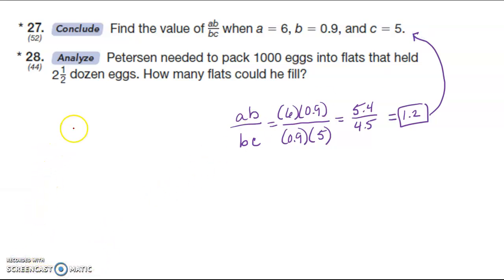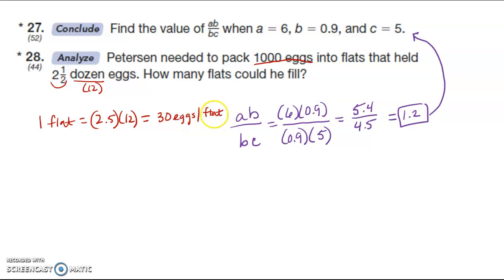Let's change colors. Peterson needed to pack 1,000 eggs into flats that held 2.5 dozen. Remember, this is 12 eggs. How many flats could he fill? So one flat is equal to 2.5 dozen, which is, let's see, 12 times 2.5 is 30 eggs per flat. So now let's see.